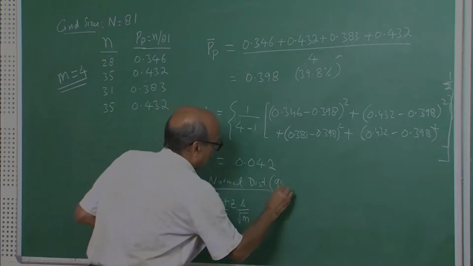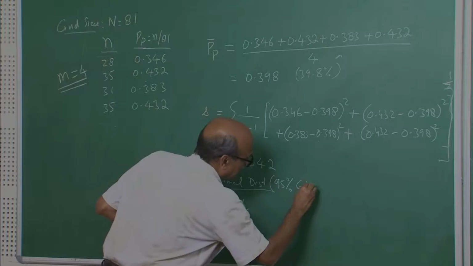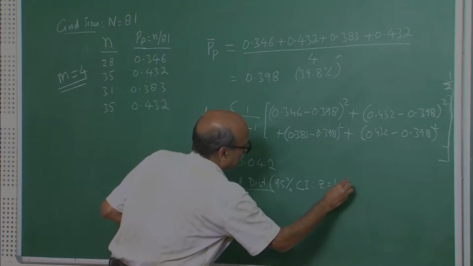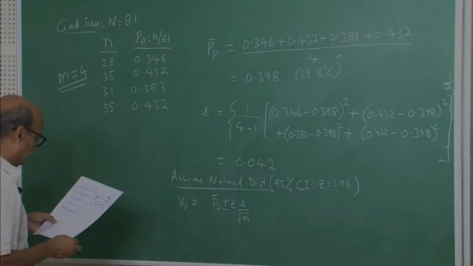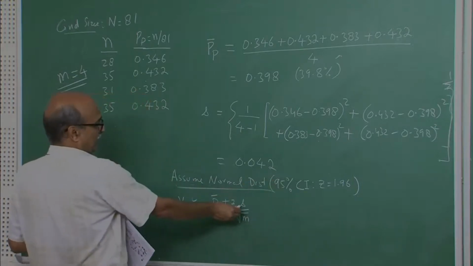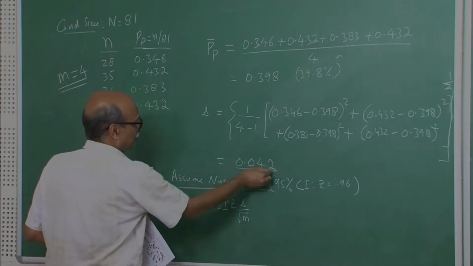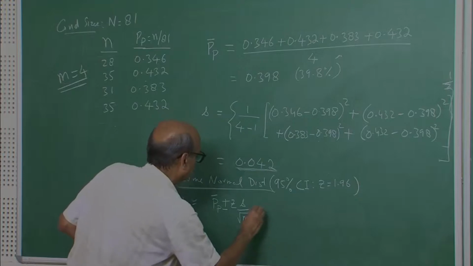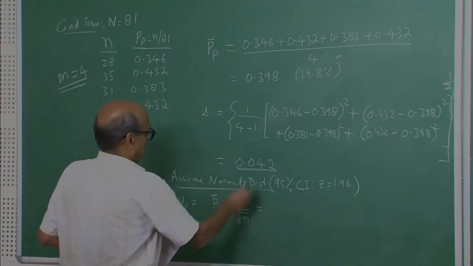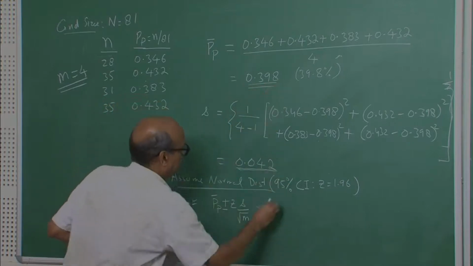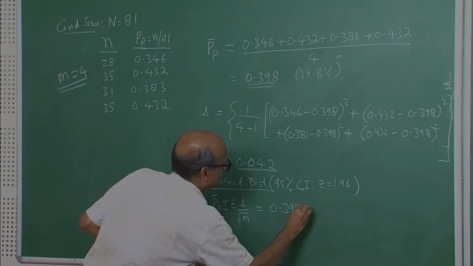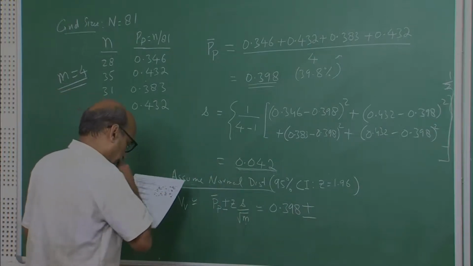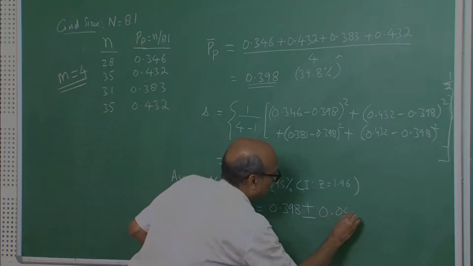And if I want a 95% confidence interval, CI, I must take the value of z as 1.96. So, it is easy now. I know what S is, I have already calculated it, which is 0.042. Z is 1.96, m is 4. Hence, instead of P-bar, I can write 0.398 plus or minus, and calculate this. I will get 0.041.